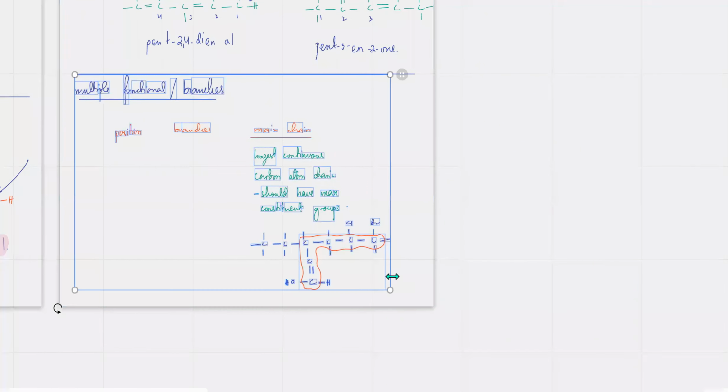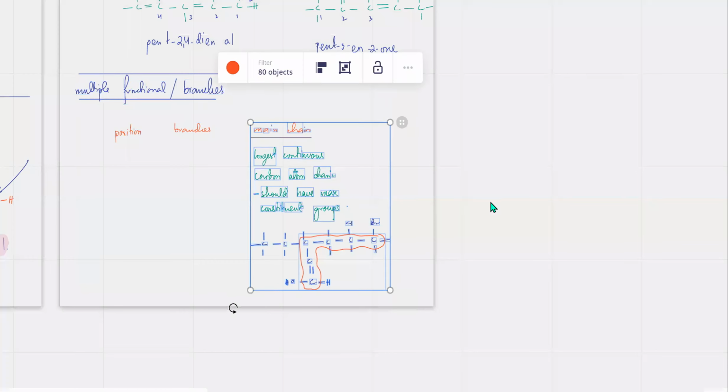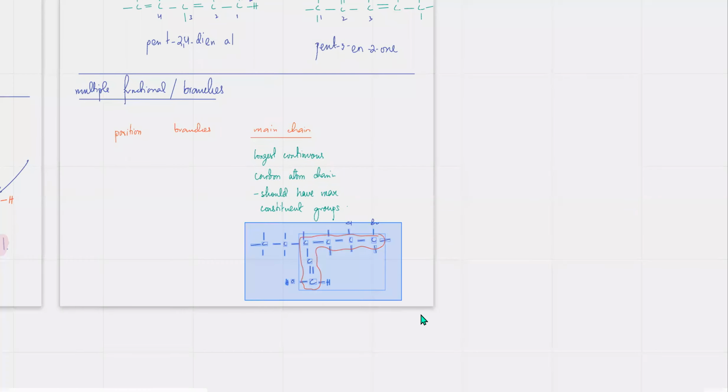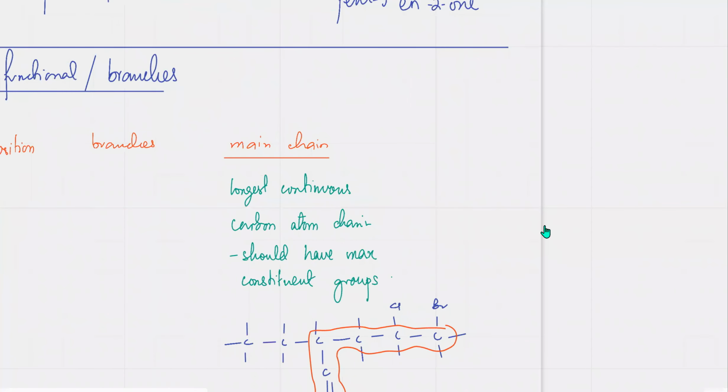So now another very important thing is how do you name the main chain? The prefix is the number of carbon atoms. So it's the same way. I mean, whatever you just did, it's going to be done in exactly the same way.